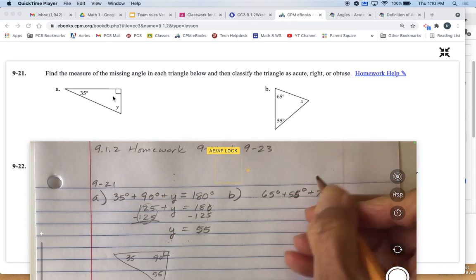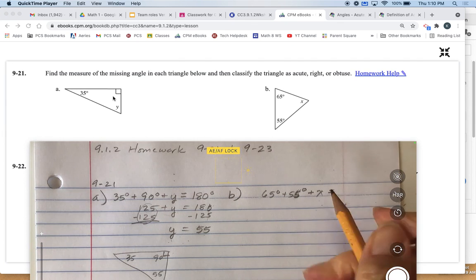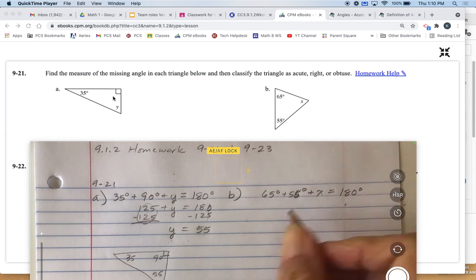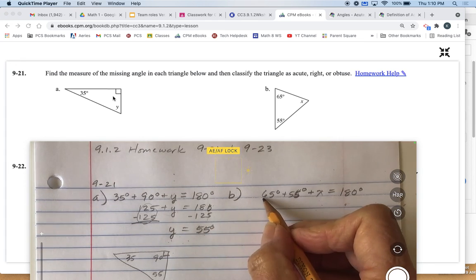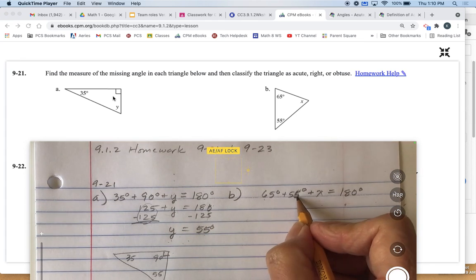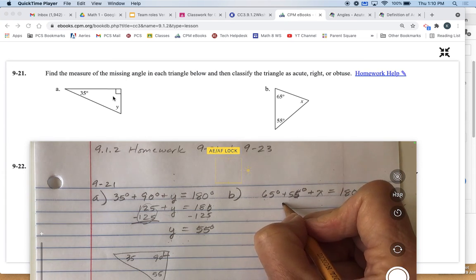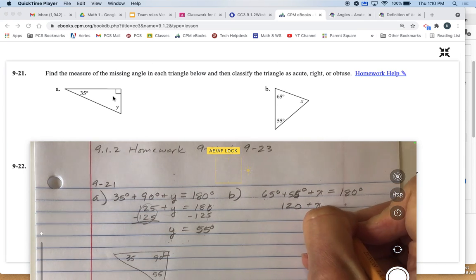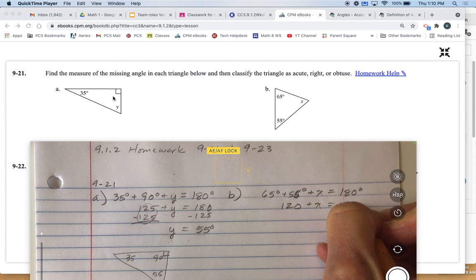And we know when we add all three of the angles in the triangle together, it is equal to 180. Okay, so let's add 65 and 55 together because those are like terms. So that will be 120 plus x equals 180.